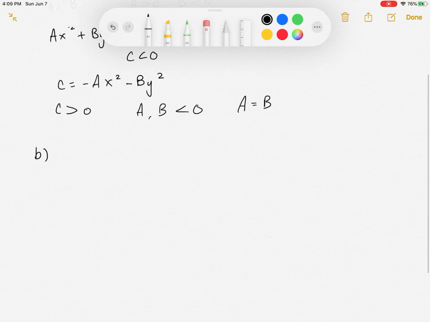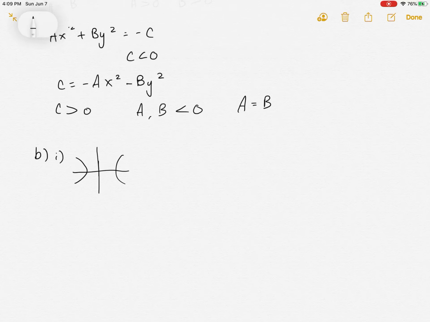For part B, it asks for a rectangular hyperbola with center 0, 0 and vertices on the x-axis. So it would look something like this.